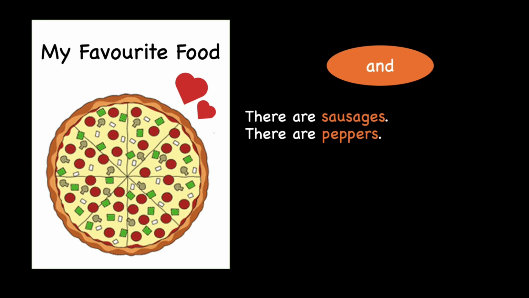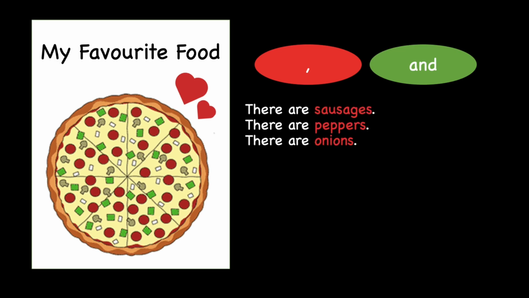But if Mr. Pui is lazy, and I don't want to write so many things, I can just use and. There are sausages and peppers. Isn't that easy? Great. I have another easier one for you.